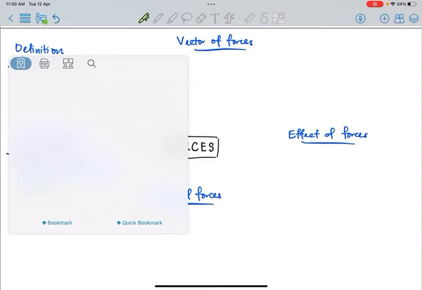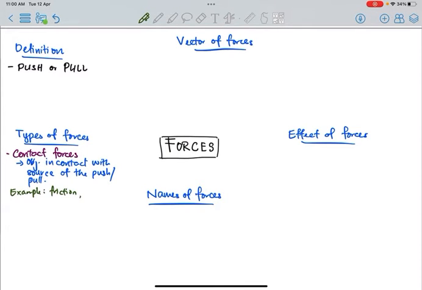You can also think of tension, where the string becomes tighter or looser, that is an idea of tension in the string. They can also have a contact force such as air resistance or water resistance, where the air molecules must be rubbing against a surface so that they can provide a certain form of resistance.